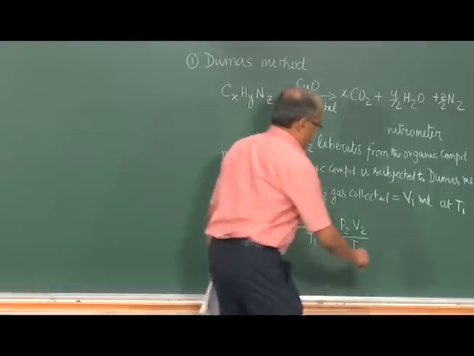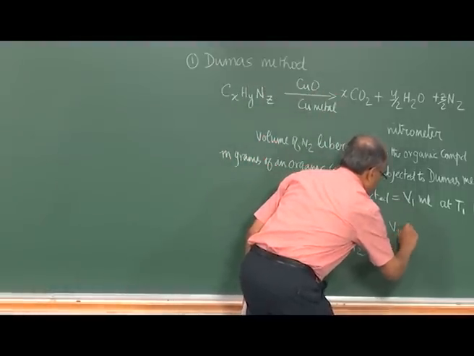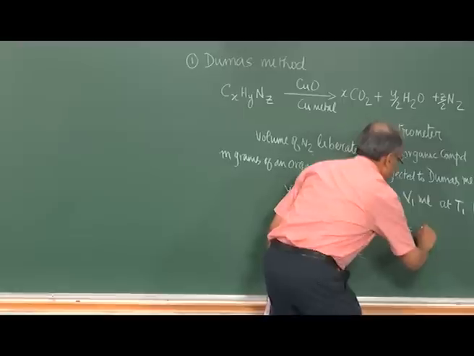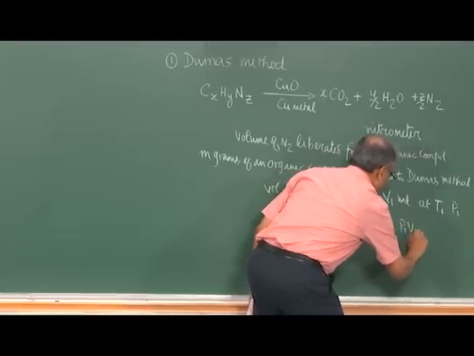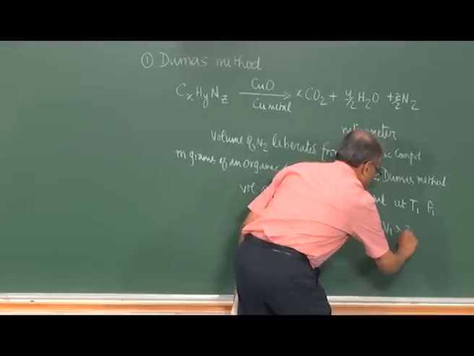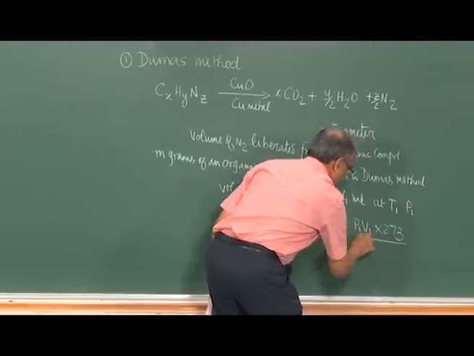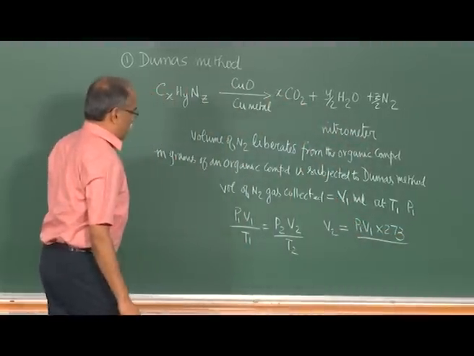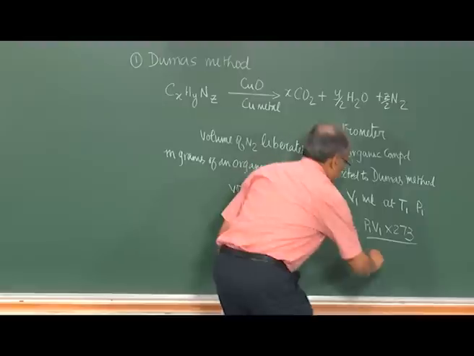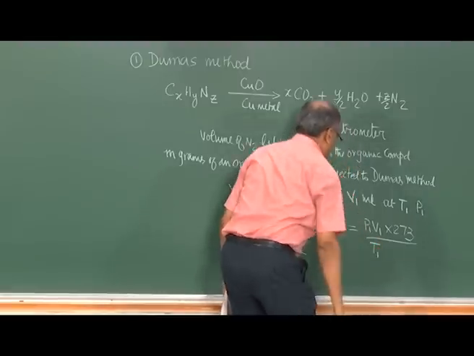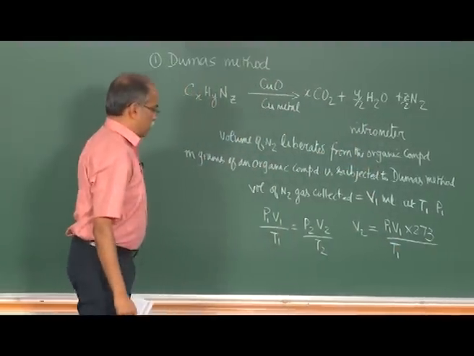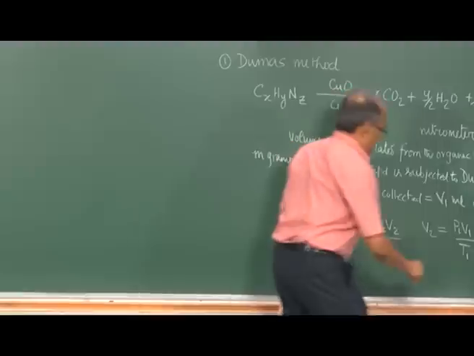We want to find out V2 now. So, V2 will be equal to P1 V1 multiplied by 273 Kelvin, which is the standard temperature condition, divided by T1, that is the temperature at which the experiment is carried out or the nitrogen is collected, multiplied by P2.